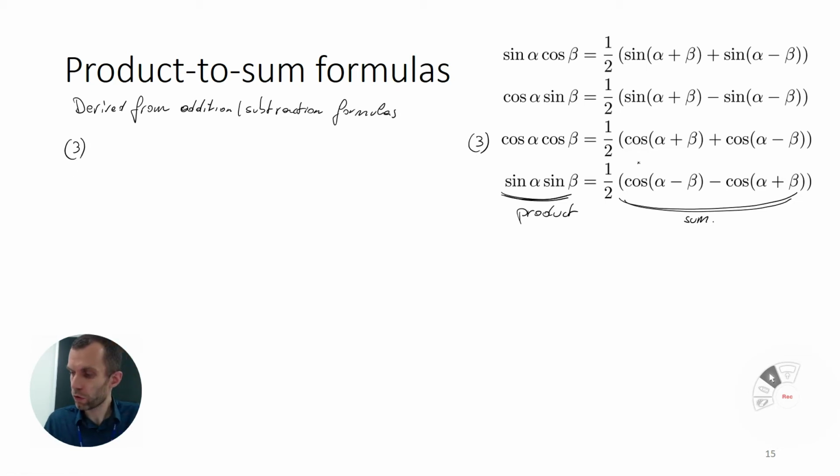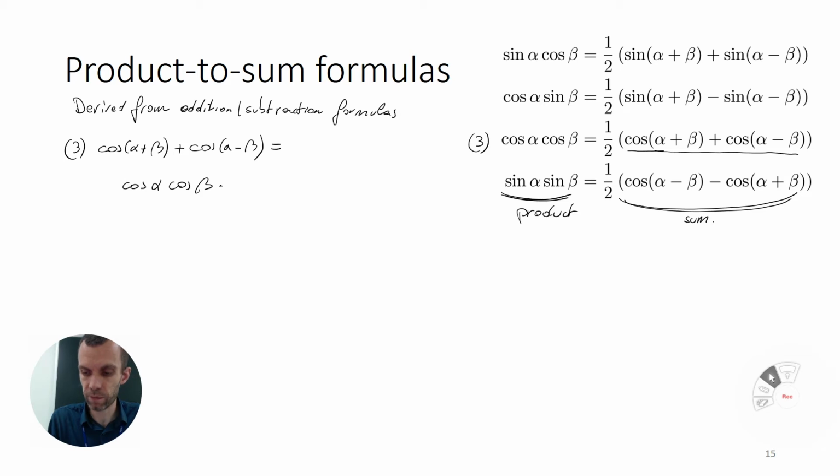And what I'm going to do is start from the right-hand side, cosine alpha plus beta plus cosine alpha minus beta, and now I'm going to use the addition subtraction formulas twice. So this becomes cosine alpha cosine beta minus sine alpha sine beta.